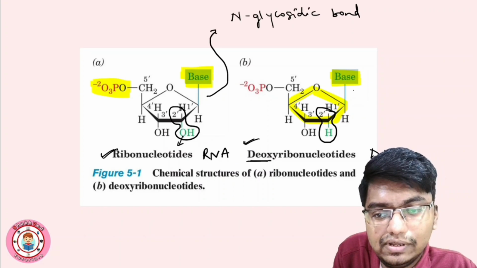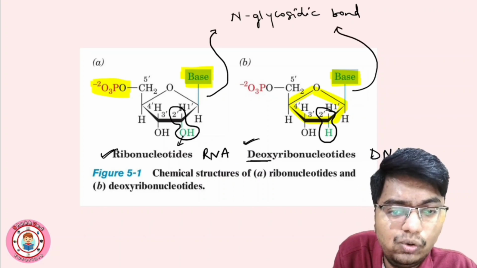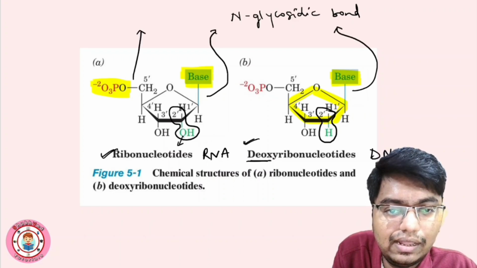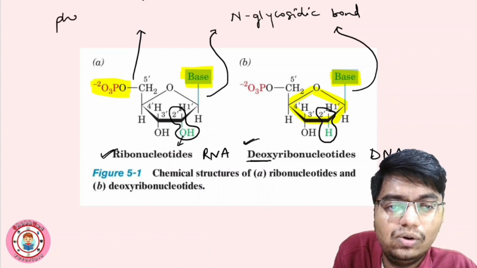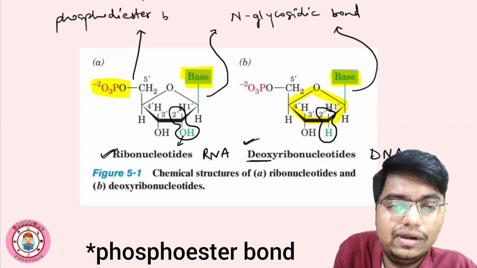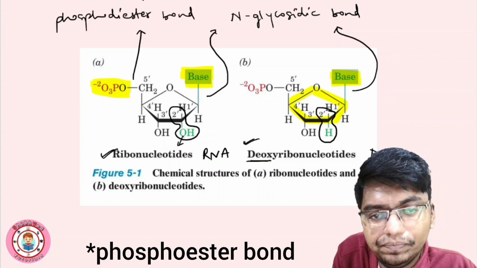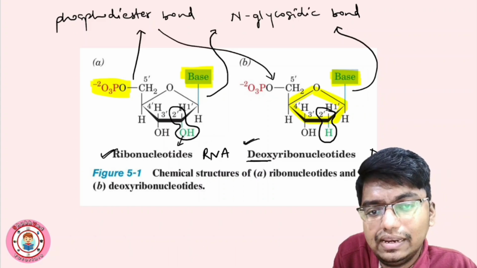And the bond between the phosphate group and sugar is the phosphodiester bond. Phosphodiester bond. Same for here as well.